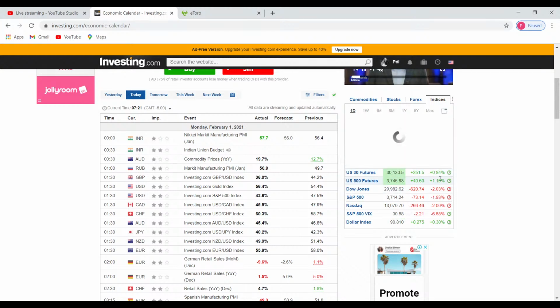The S&P is up over 1%, and so is the Nasdaq. The US dollar is up 0.30%, and of course, usually the futures and the US dollar index do not follow each other. Usually it's the opposite. It is not 100% correlation, but usually that is the case.